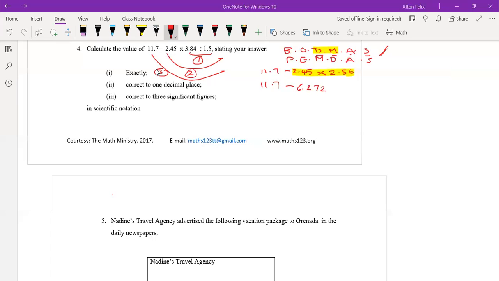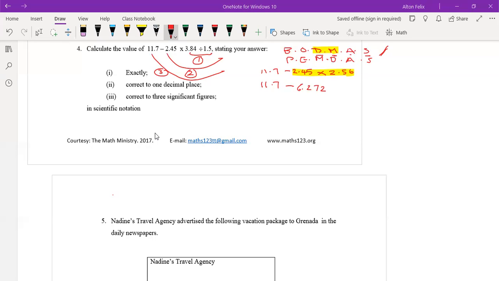The 2.45 multiplied by the 3.84 and then divide, and let's see what we get. Just to be looking at the multiplication, then the division in the PEMDAS approach, right? So you have 2.45 multiplied by 3.84, and then you divide by the 1.5. Right, you still get 6.272 as we saw in both workings.